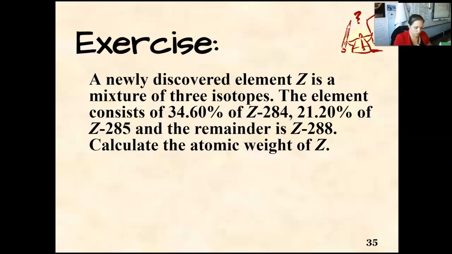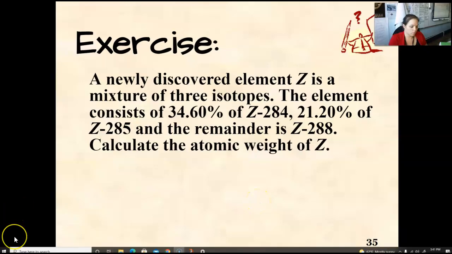284, 285, and 288. Once you do that, you can then multiply across, and you should come up with these numbers. All I did was multiply across, and then you're going to add them all up: 60.2 plus 98.264, and so on.